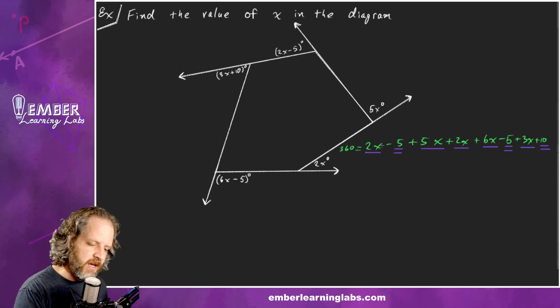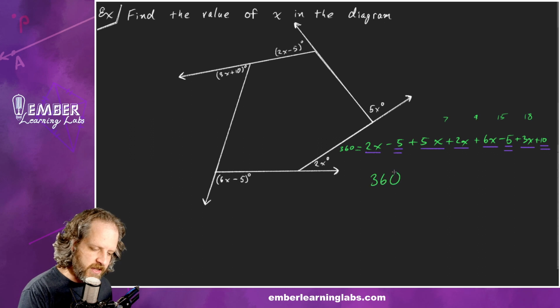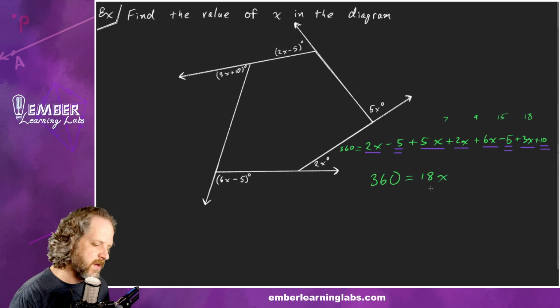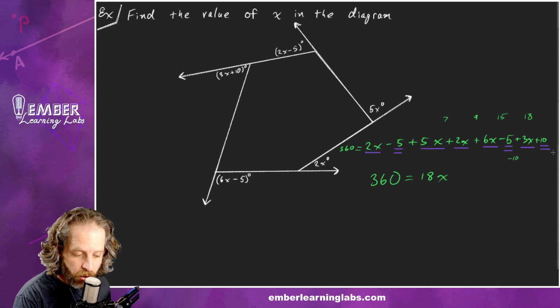It's going to happen. So 2x plus 5x is 7x, plus 2x is 9x, plus 6x is 15x, plus 3x is 18x. So we've got 360 equals 18x. -5 plus -5 is -10. Plus 10 is 0.